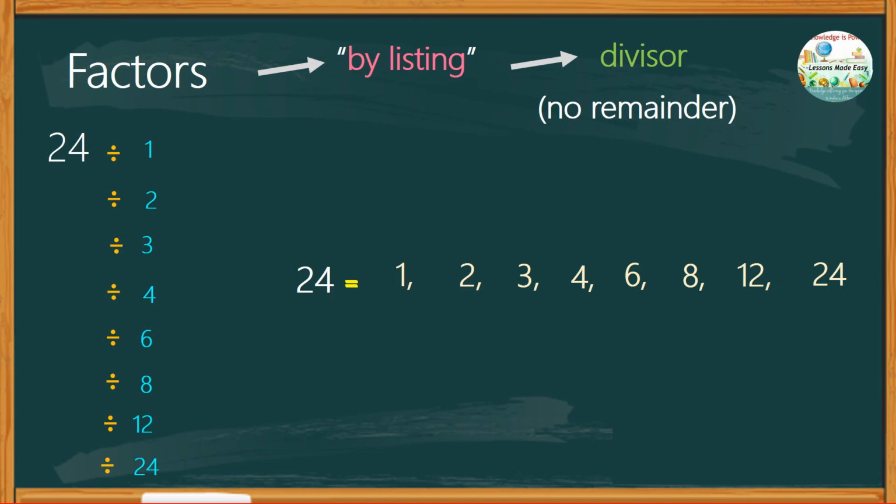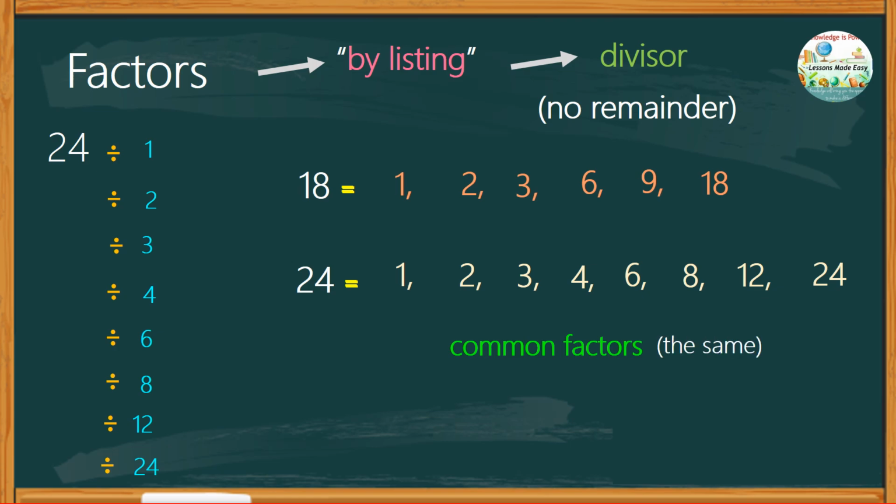So earlier we learned that the factors of 18 are 1, 2, 3, 6, 9, and 18. Study the factors of 24 and 18. What are their common factors? When we talk of common factors, we are referring to the numbers that are the same for both 18 and 24. What are these numbers?